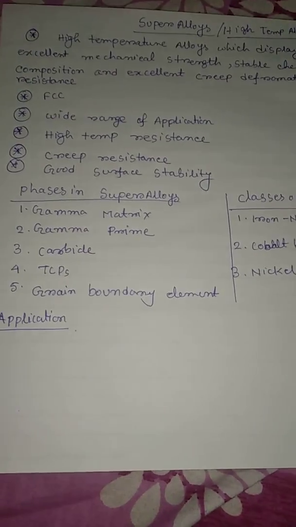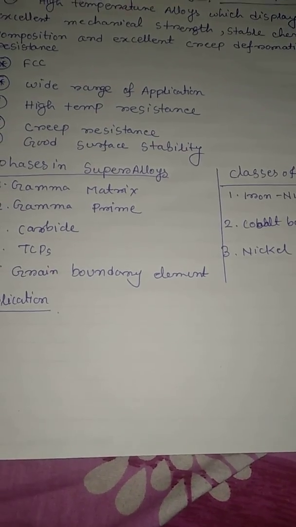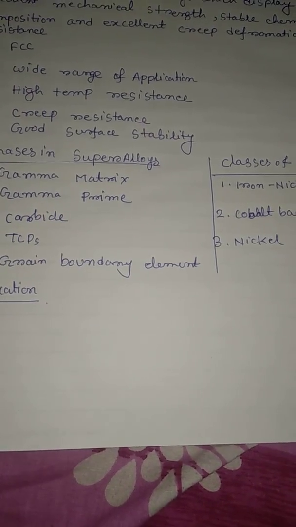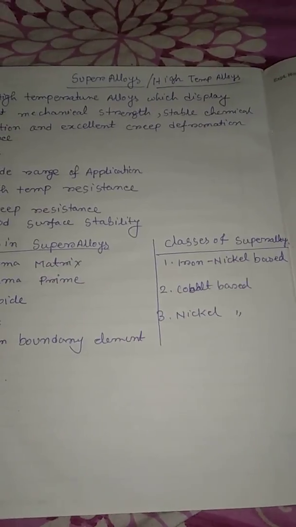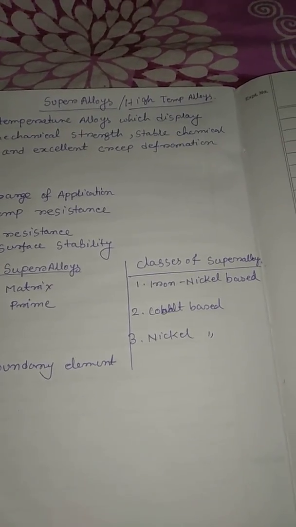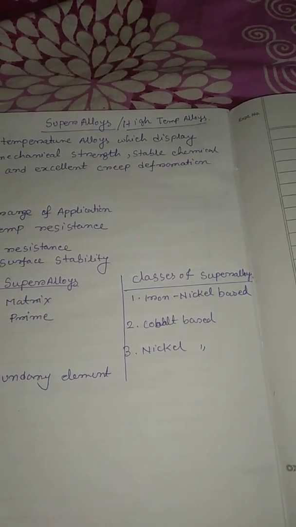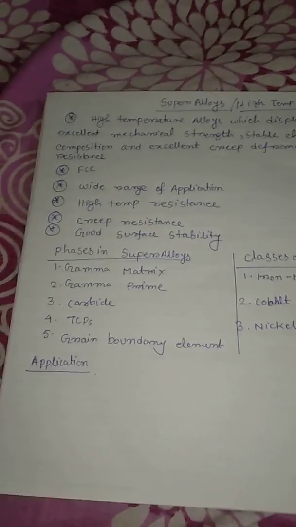High temperature alloys are those alloys which can withstand temperatures in excess of 1100 degrees Celsius.